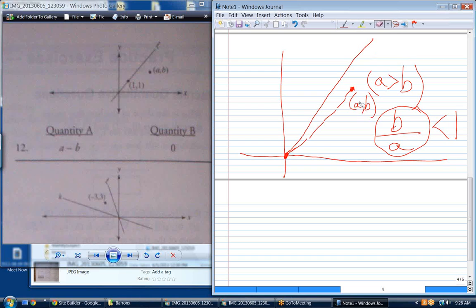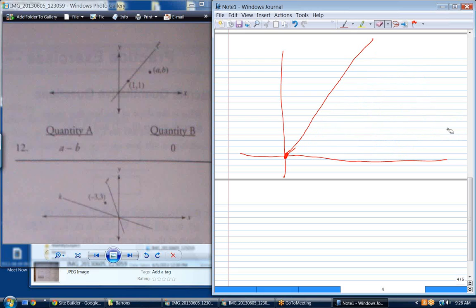Okay. Had they put the point on the other side of that line of known slope 1, in other words, had they put the point here, we know A has to be less than B. And visually, you can kind of see that. In other words, experiment with some points to the right. Well, if I put a point over here, the A measurement's much larger than the B measurement.